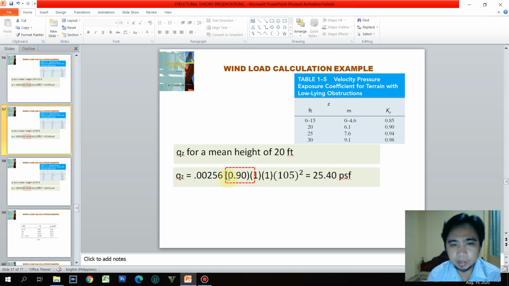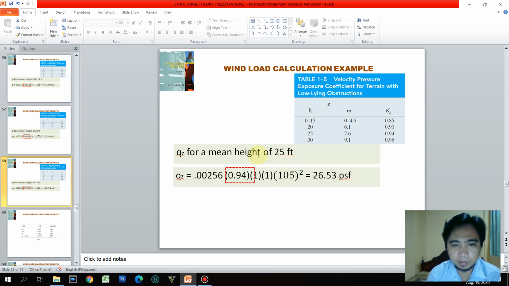So we also wanted to compute the QZ for a mean height of 20 feet. 20 feet has KZ of 0.9, so we'll just replace the value of QZ for 20 feet. We have 25.4 pounds per square foot.